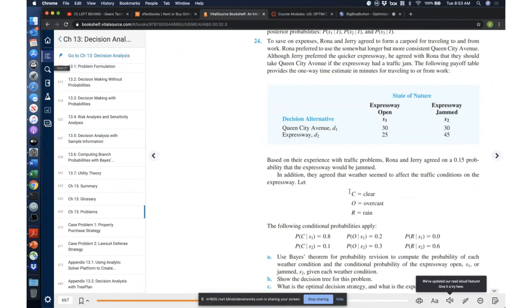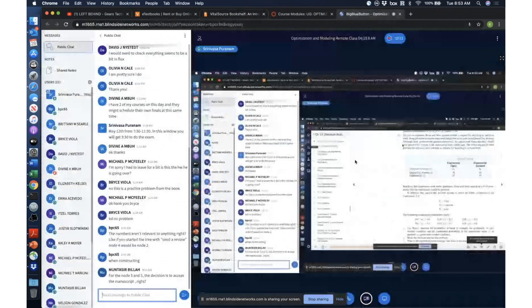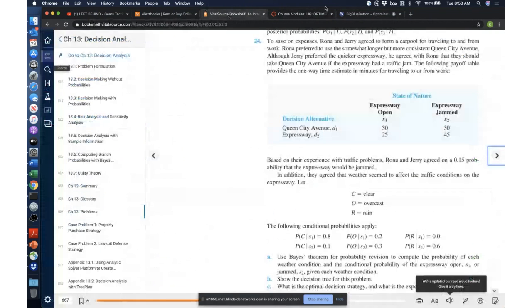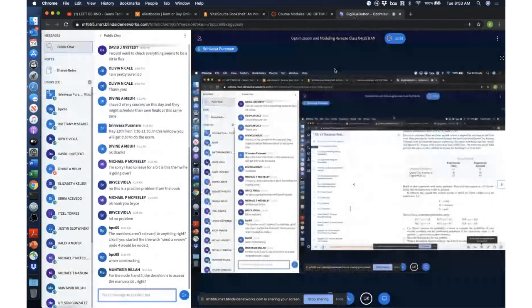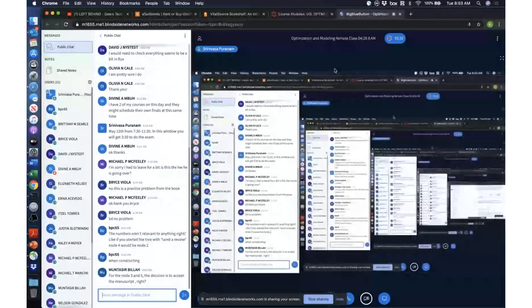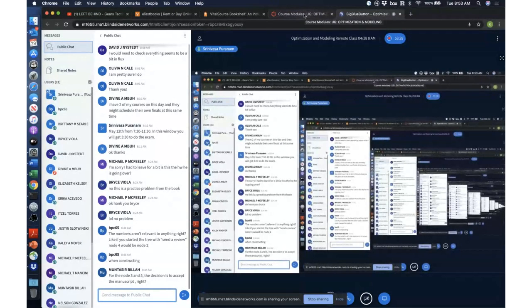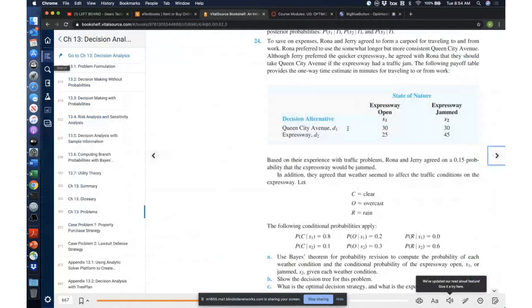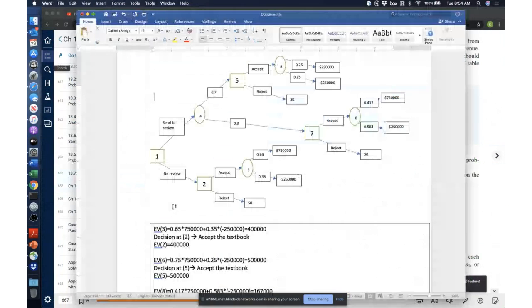So I will solve problem number 24 here. Now, if the class lasts longer than 9:20, you guys can leave. I'm just going to finish up the class. The rest of it will be in the video. You can watch the video after you've done with whatever else you need to do. But my plan is to solve problem number 24. So let's do problem number 24.